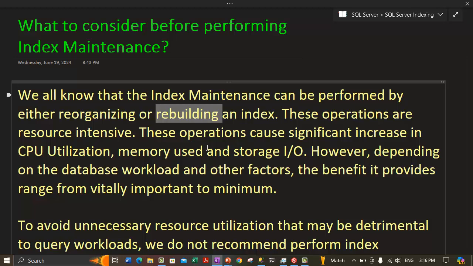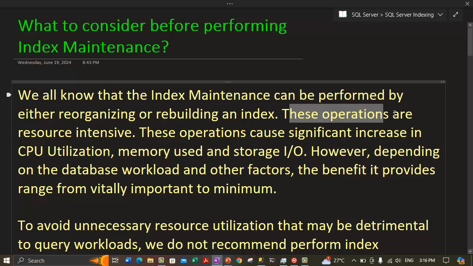Please watch the SQL Server indexes playlist as well as the SQL Server performance tuning playlist. I expect anyone watching this video to watch all the videos I've created in these two playlists so you can have a better idea. So we perform index maintenance on indexes in SQL Server by using the reorganize or rebuild method. Either we can reorganize an index or we can rebuild an index.